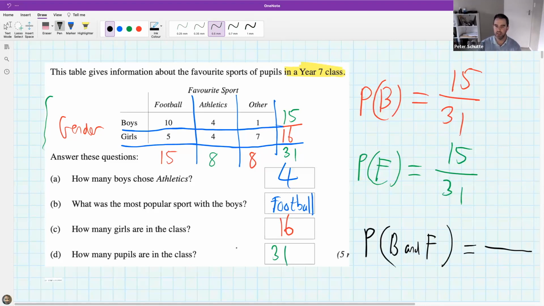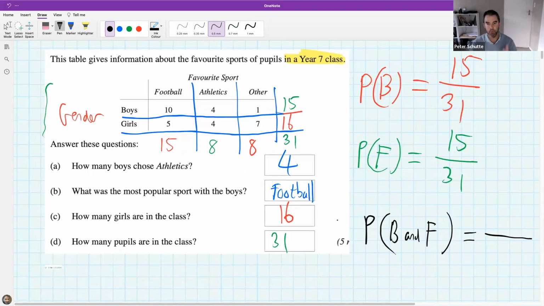So what do you think the probability is that a randomly chosen person is a boy and their favorite sport is football? So where are we going to look? Look for boys, we look for football, and there are 10 students. So only 10 of them would be a favorable outcome for the question boy and football.